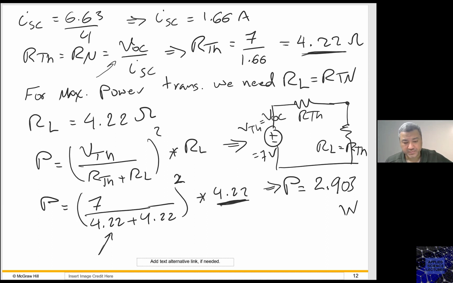Make sense? Okay, thank you. But so hold on again. When you have an independent and a dependent source, you need to break it up, do open circuit, short circuit. Yes. Okay. Make sense?